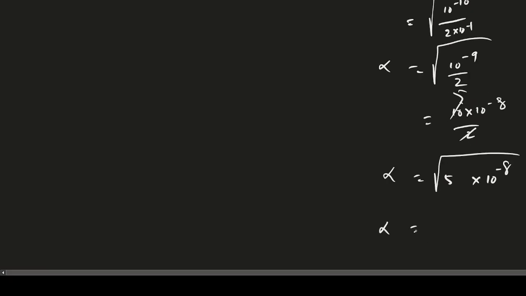If you remove the root, this is root of 5 into 10 raised to minus 4. Root 4 is 2, so root 5 is between 2 and 3, approximately 2.3, into 10 raised to minus 4.